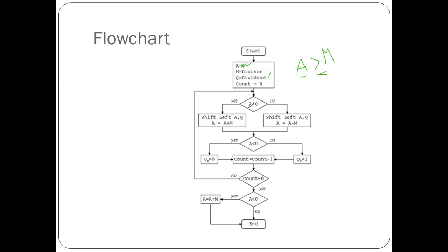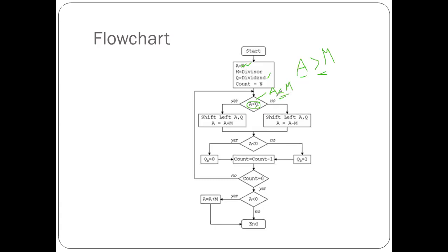Later on, if A is less than 0, it means no values, this is a decimal value for suppose. There is no value available in A. If A is less than 0, then shift left AQ. It is just indirectly if A is less than M.